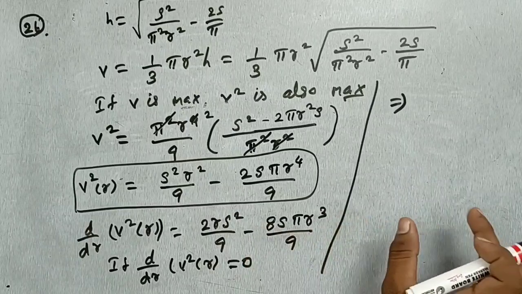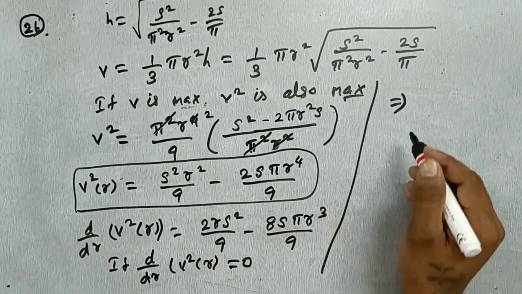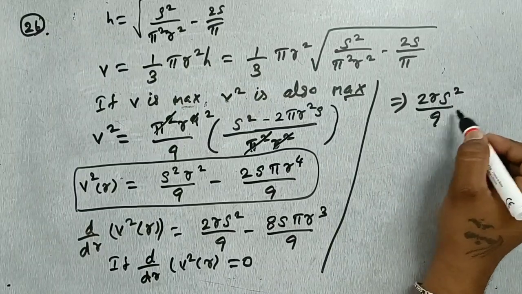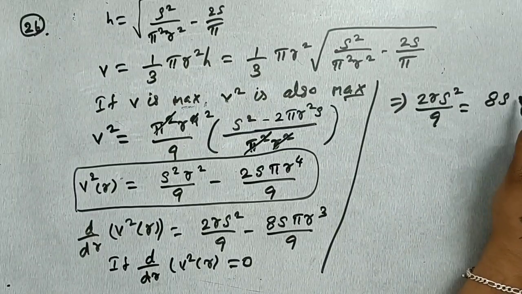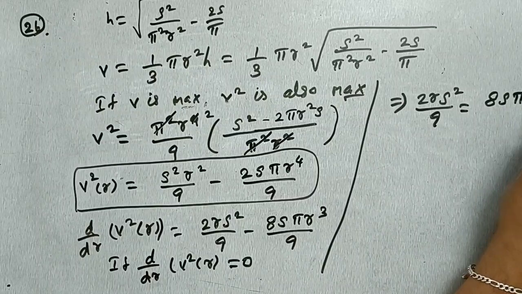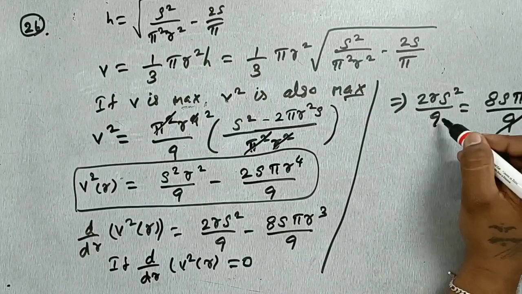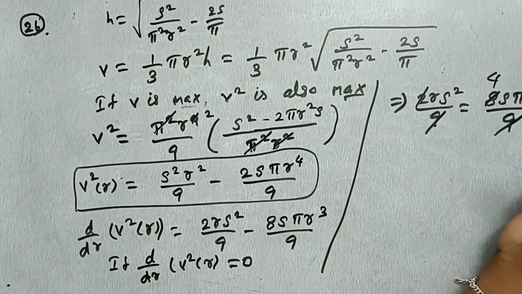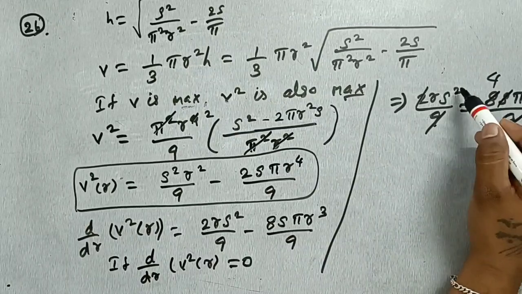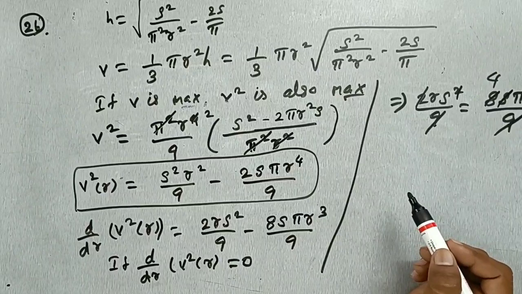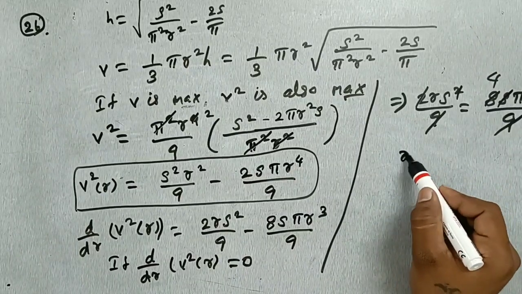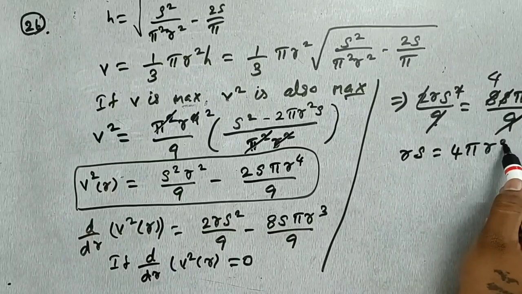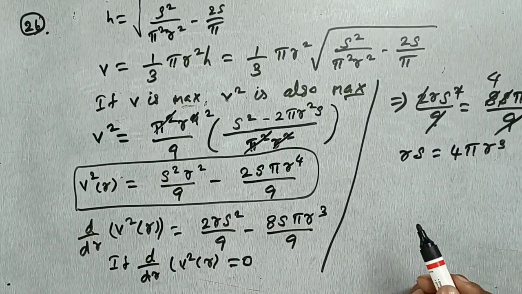So the negative term will be taken to the right side. So the positive term 2 into R into S square by 9 equals 8 into S into pi R cube divided by 9. The 9 I can cancel. I can cancel 2 is to 4 times, and one of the S will be cancelled. So the left side will have R and S remaining, and the right side will be 4 into pi R cube remaining.